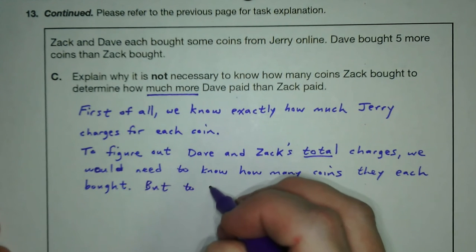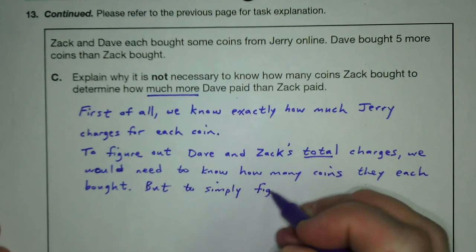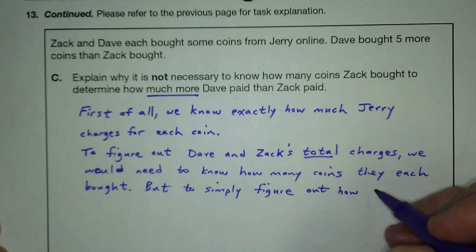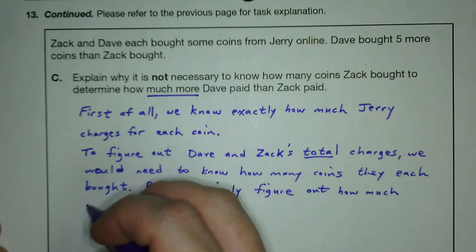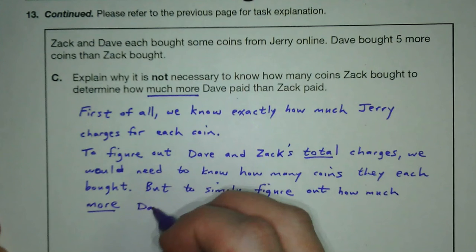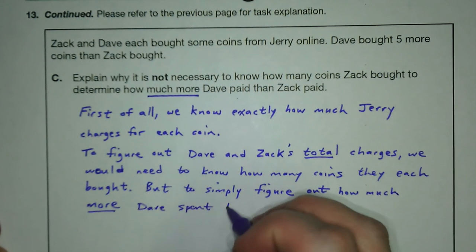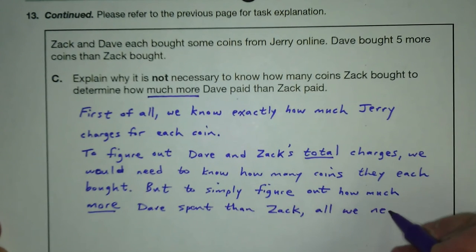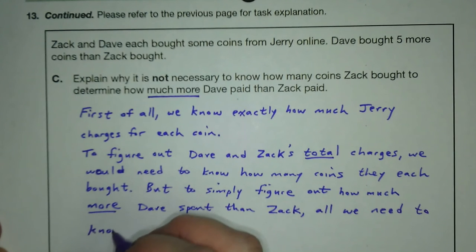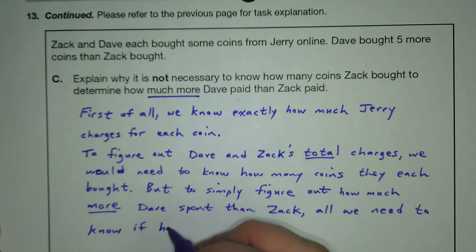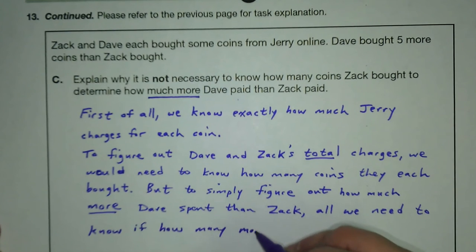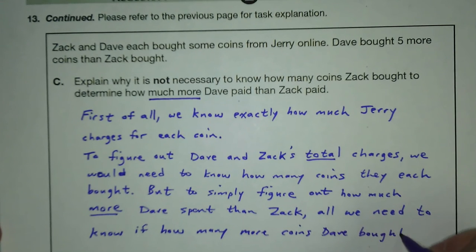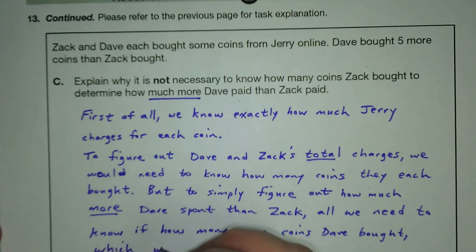But to simply figure out how much more Dave spent than Zach, all we need to know is how many more coins Dave bought, which we know is 5.